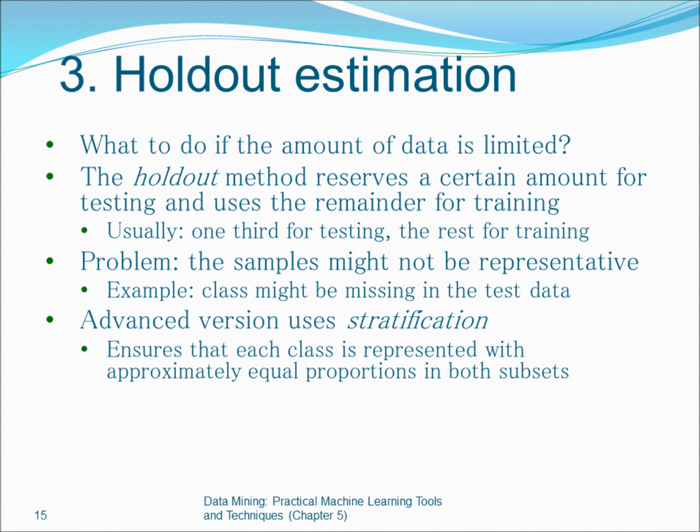Okay, I have to be fast. Holdout estimate. The key for the holdout depends on the size of the data. What you really need to watch is that the data need to be diversified enough, covering all different kinds of combinations. That's the ideal case. But usually it's not possible.